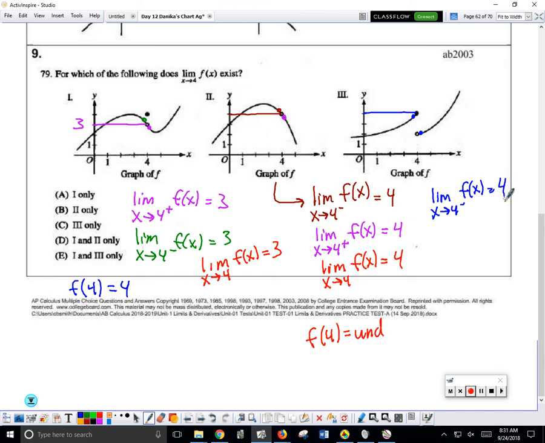The limit from the right, as x gets close to 4, is equal to 2. Therefore, the overall limit does not exist. F of 4 in this particular case is 4.